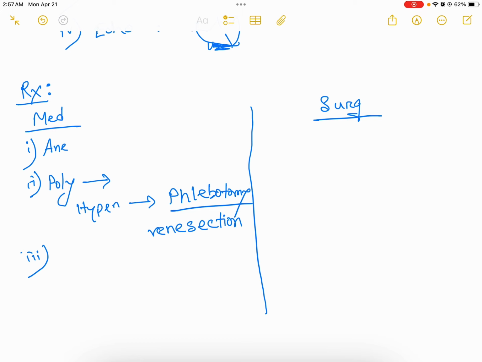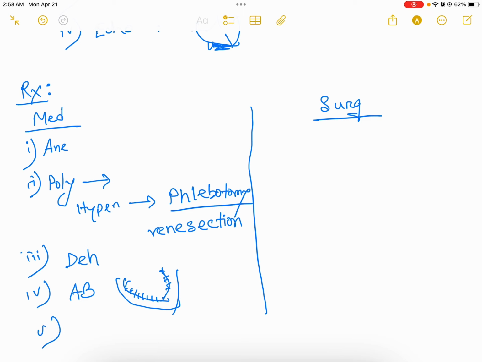Number 3, prevention of dehydration. Number 4, prophylactic antibiotic for infective endocarditis, required for minor or major surgical procedures.